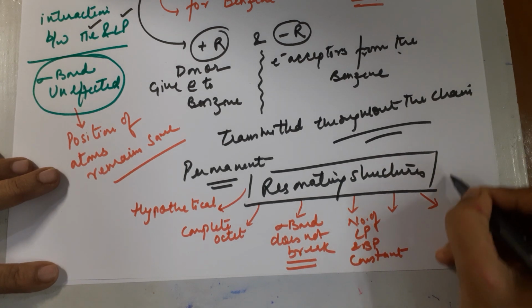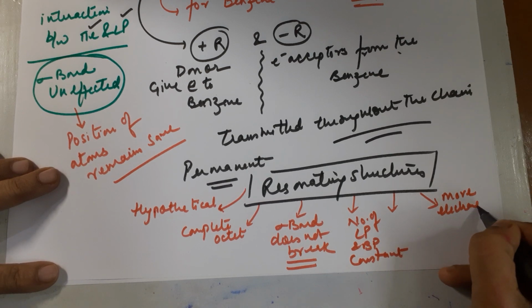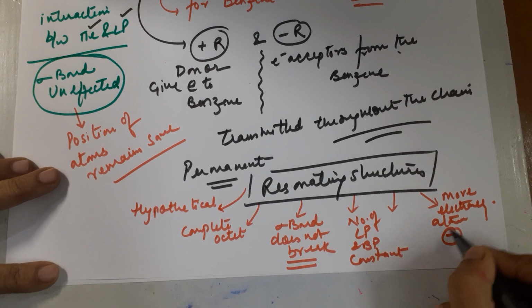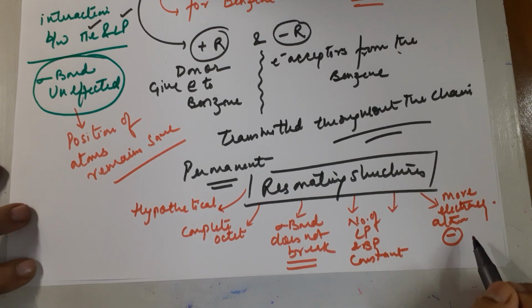Also, the more electronegative atom must have a negative charge. You cannot give the negative charge to a less electronegative atom. The more electronegative atom should be given the negative charge.